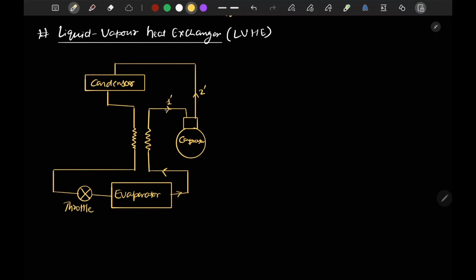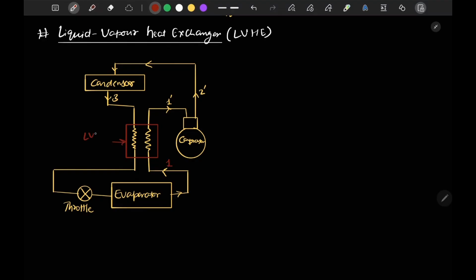So this is our 1 dash, the compressor inlet, and 2 dash is the compressor outlet, and after the compressor outlet, it will enter our condenser, and the condenser will exit it at point 3. Now at point 3 we will use this condenser output to interact with your evaporator output, that is point 1, to exchange heat between them.